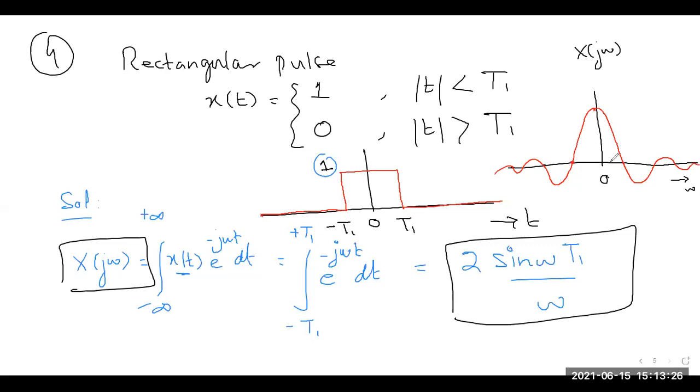And the values where it passes through 0, this will be equal to pi by t1, and this will be minus pi by t1. And similarly, this one is again the point at which it is passing through 0. It will be equal to 2 pi by t1. This one will be 3 pi by t1, and this will be 4 pi by t1. And similarly, this will be minus 2 pi by t1, minus 3 pi by t1, and so on, because of this sign.